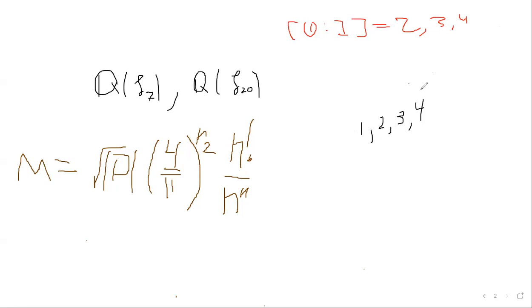So what other elements are there of norm 2? 2 does not have norm 2, so it's definitely not a generator of our ideal. But we know that all even elements are in our ideal.